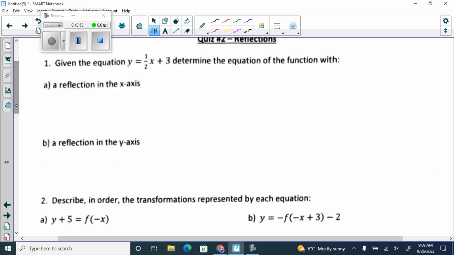So here, we're given the equation y equals 1/2 x plus 3. Determine the equation of the function with a reflection in the x-axis. A reflection in the x-axis means it's going to affect all my y's, right? My y's are negated.